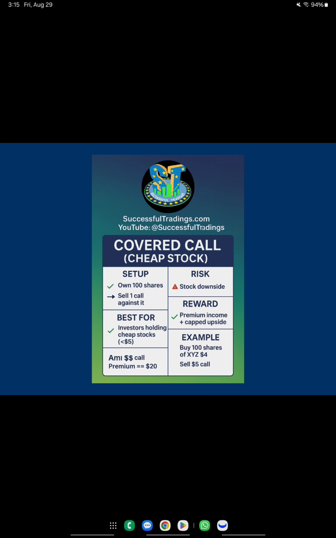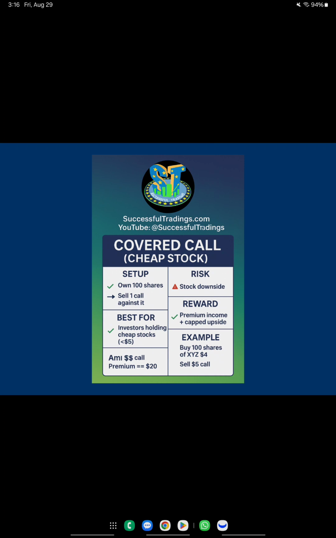So what will happen is either the stock goes way past the strike price that you sold, and in that case you keep the premium. At the same time, you get the difference from your buying price, which was $4, and let's say it goes to 4.5, so you get that $50 plus whatever you got out of the premium.